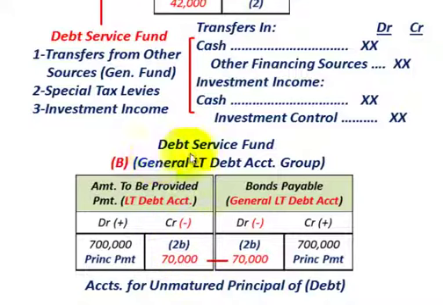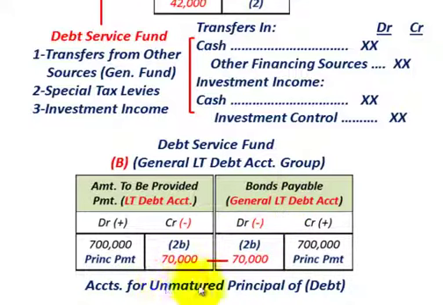So remember, when we looked at those principal payments in our debt service fund under the serial bonds, we have to keep track of it in our general long-term debt account group. We have to reduce our general long-term debt account by those principal payments that are made: the amount to be provided, and then our bonds payable, our liability.